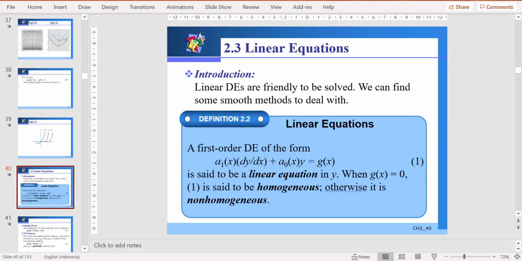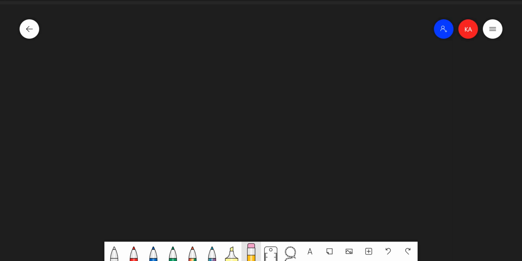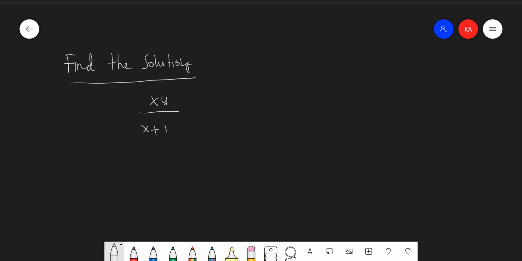I have another example here. Find the solution of xy per x plus 1 is equal to dy per dx.